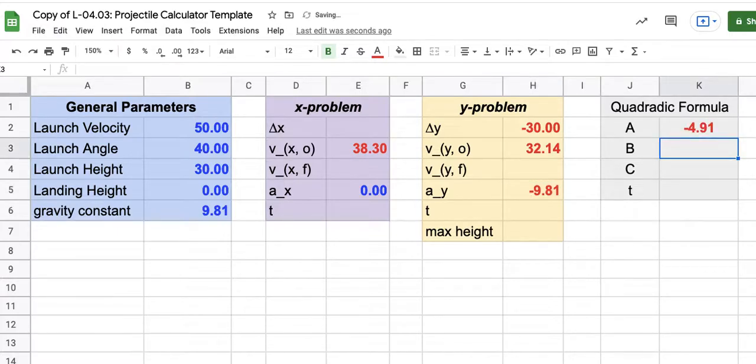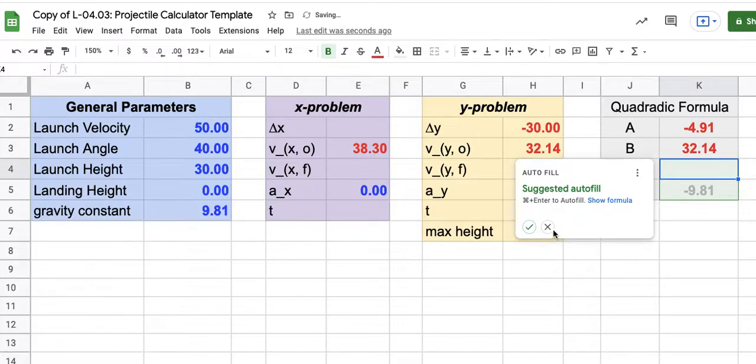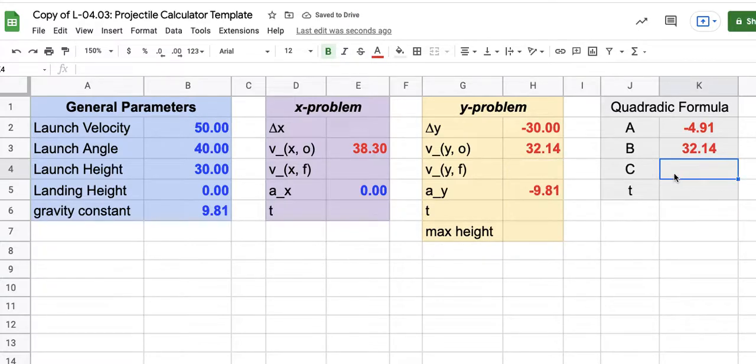That's always A. B was always equal to the initial velocity in the y direction, so B just equals H3. We'll ignore that autofill. And C was always negative whatever delta y was, because we had to bring delta y to the other side. So C equals -1 times delta y, which is right here, H2. So there we have the coefficients of the quadratic equation that we're going to solve.